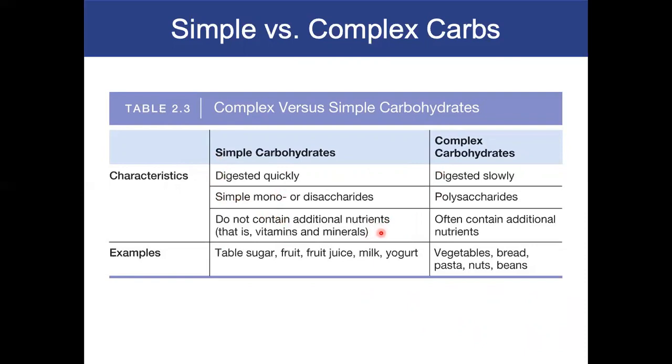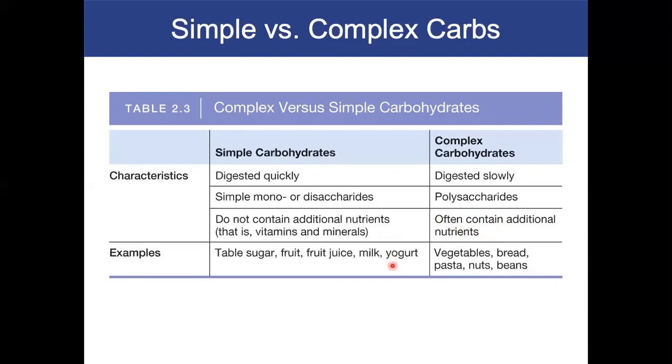If you eat a donut or a piece of white bread, you're not getting very many nutrients compared to eating complex carbs. Complex carbs are more nutrient dense, and they're going to have a lot more vitamins and minerals.